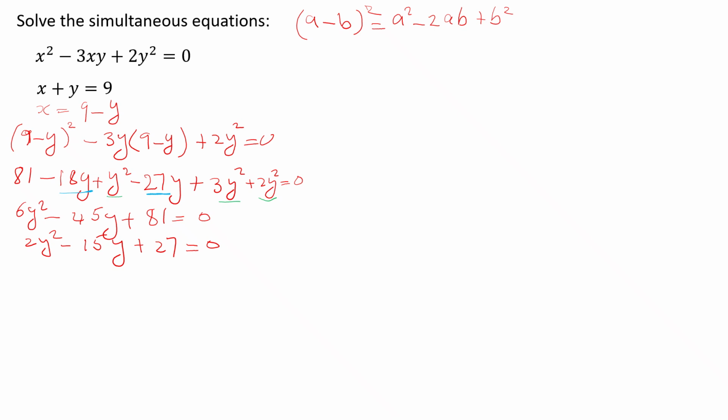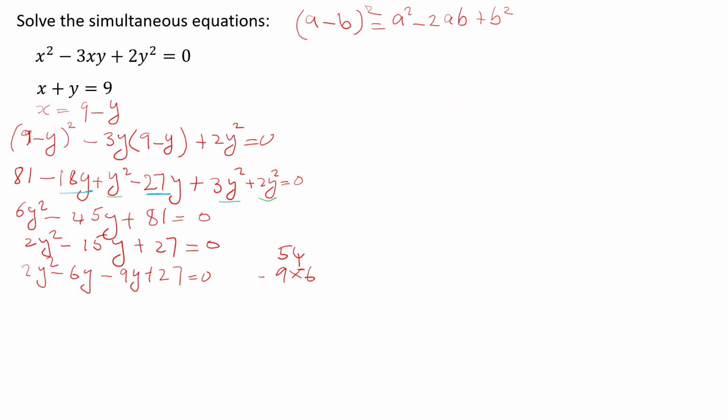Now multiply 2 times 27, which is 54. The factors are 9 and 6, so negative 9, negative 6. So 2y squared minus 6y minus 9y plus 27 equals 0.